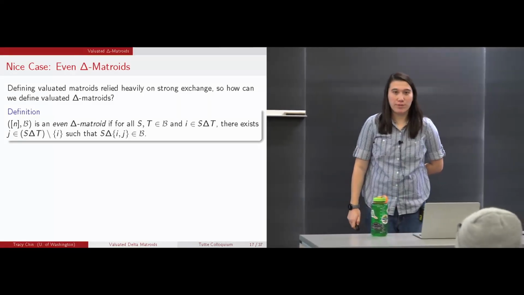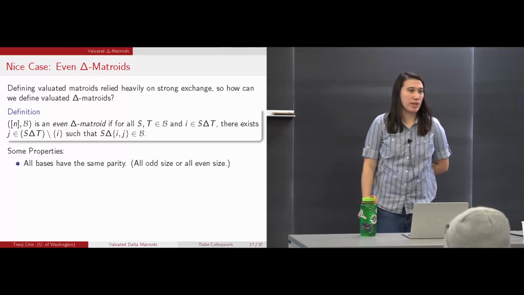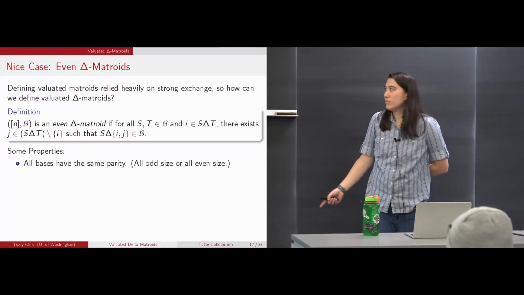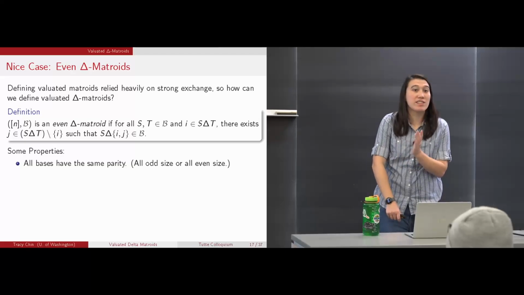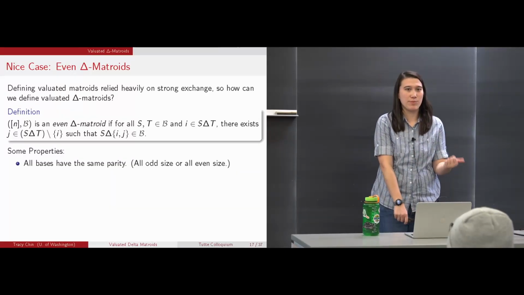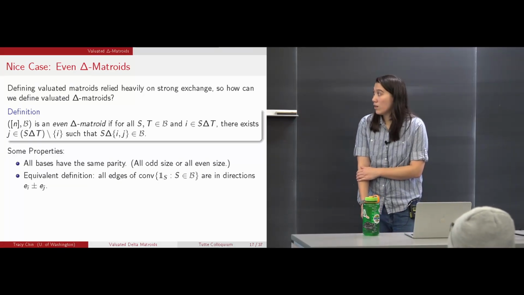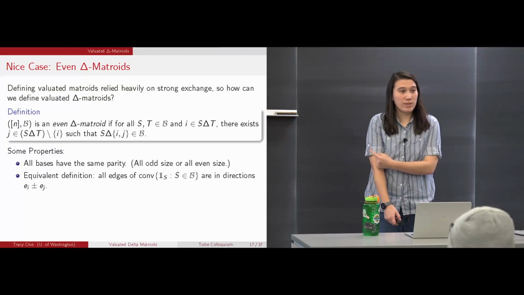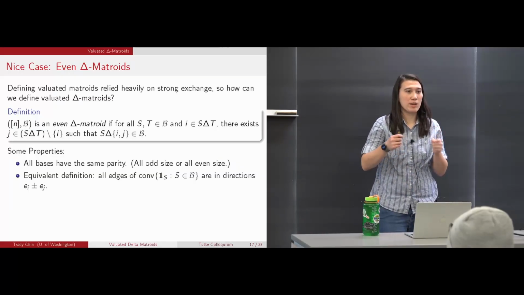And some fun facts about even delta matroids. All bases are going to have the same parity. May or may not be obvious, but it turns out to be true. And actually, this is an equivalent definition of even delta matroids. They're exactly the delta matroids where all bases have the same parity. They are also the ones whose polytopes have edge directions just e_i plus or minus e_j.